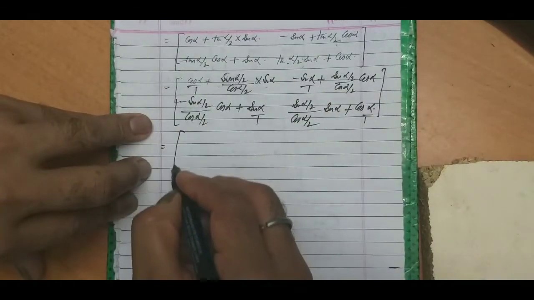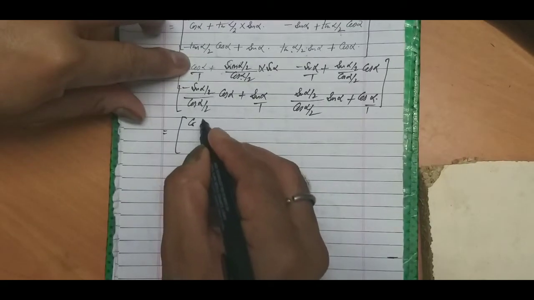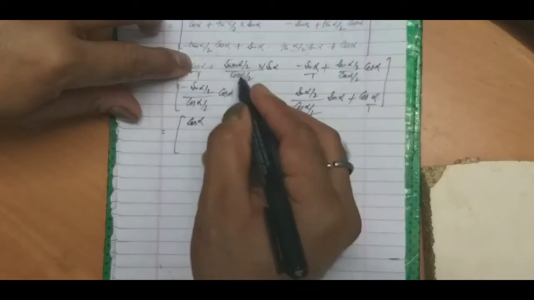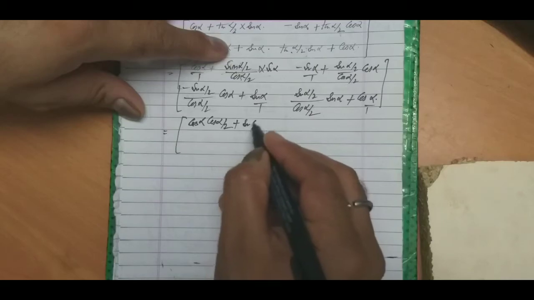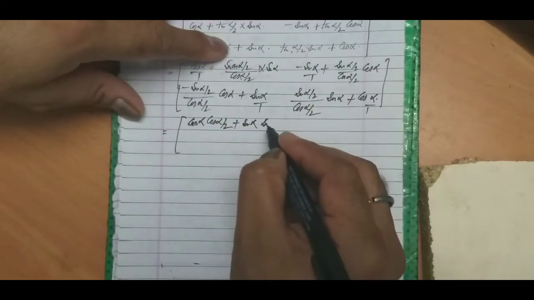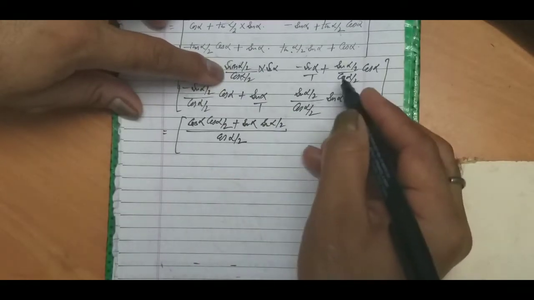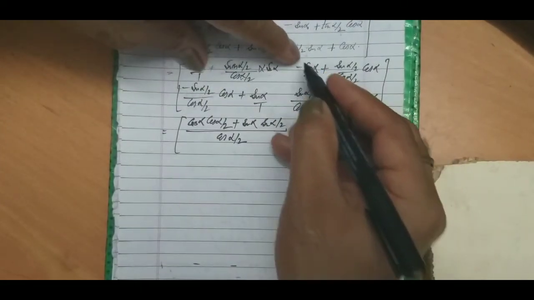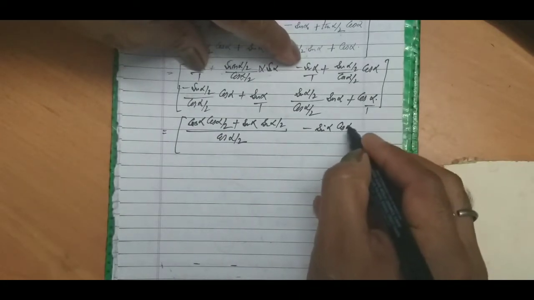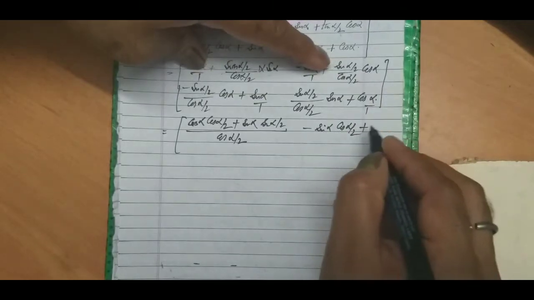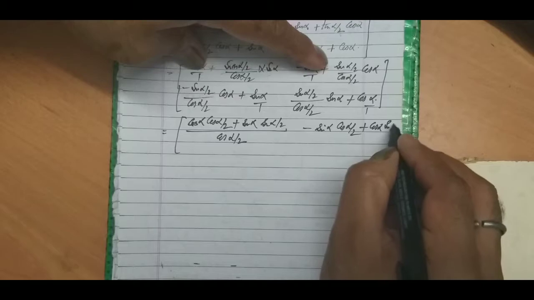And then what we get: cos alpha into cos alpha by 2, plus sin alpha into sin alpha by 2, upon cos alpha by 2. Cos alpha by 2 will come here, minus sin alpha cos alpha by 2 plus cos alpha sin alpha by 2.